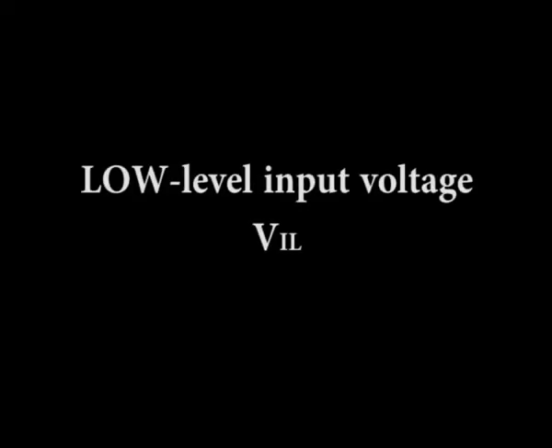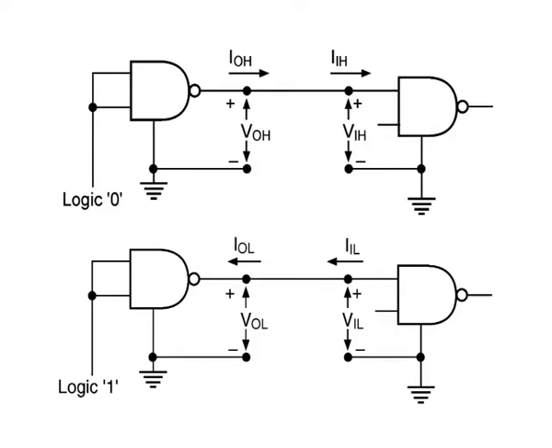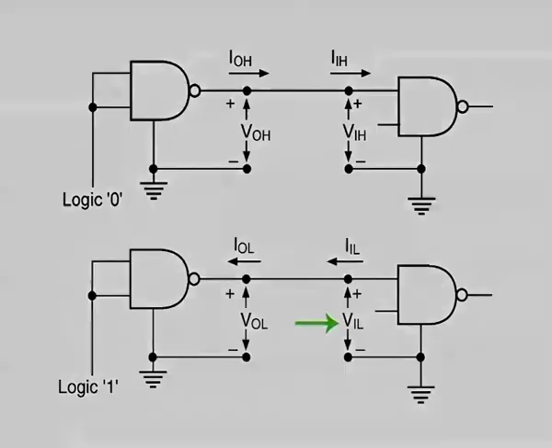Low level input voltage. This is the maximum voltage level applied at the input that is recognized as the legal low level for the specified family. For the standard TTL family, an input voltage of 0.8 volts is a legal low logic state.